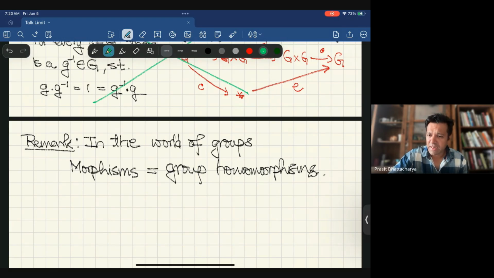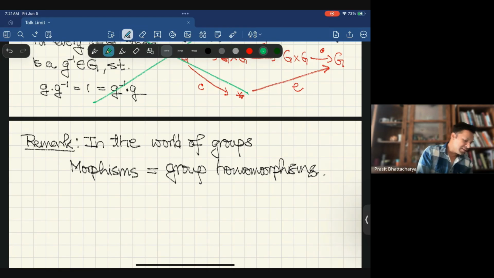If you have seen category theory, please put a thumbs up. Okay, yeah, thumbs down if you haven't. Okay, that's also good. Some up, some down. Okay, great. All right, thank you.